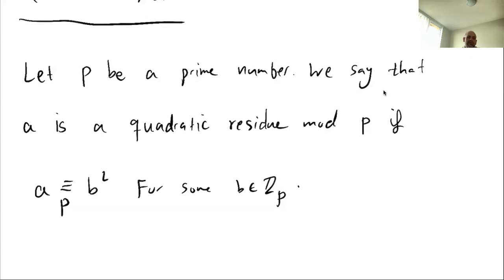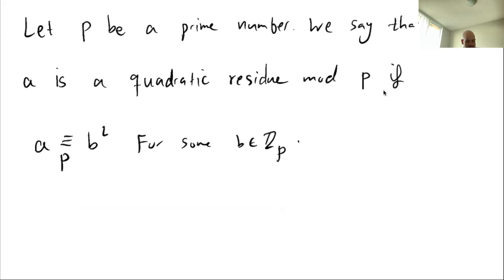Now, if a is congruent to b squared for some b, then we say a is a quadratic residue. Please note that if this was an equality, if a is equal to b squared, then we would call a a perfect square. But because here we have congruence mod p rather than equality, the term we use is quadratic residue.